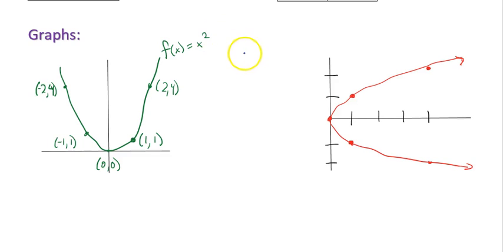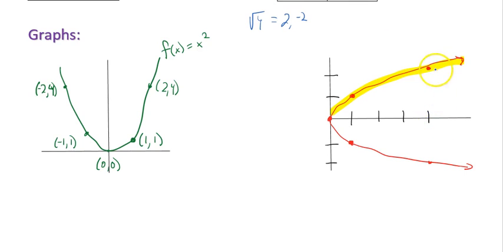A square root. Look at just this part of the graph. This is what I have had you memorize as the square root graph. And the reason is because when you do a square root, you have a positive and a negative answer. For example, the square root of 4 is truly positive 2 and negative 2.